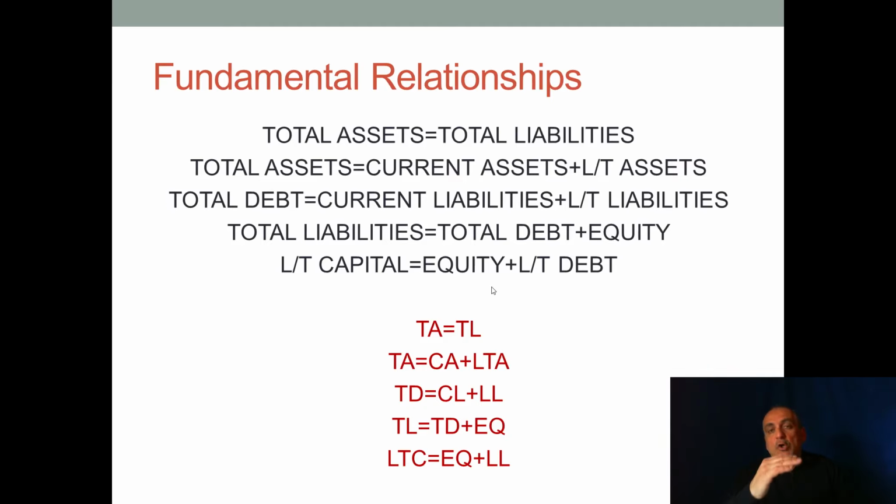If you take all the assets and subtract debt, that's the value of your equity. That's the value of the money that the shareholders have put into the company. These are all relationships that you know well. They are expressed in a different language, but you know them well.